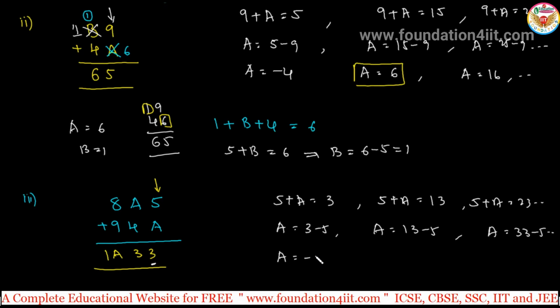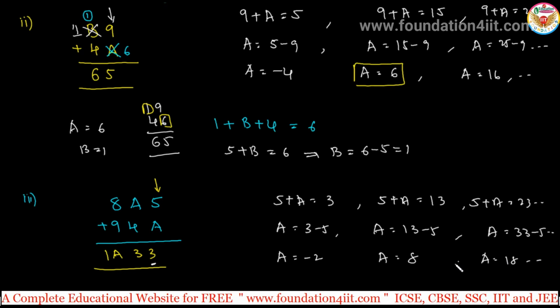From this, A is equal to minus 2, or A is equal to 13 minus 5, so I can subtract this, 8, or A is equal to 23 minus 5, so 18, so on. A must be single digit, so the only possibility is this, not negative, not more than one digit. So A is equal to 8 will satisfy, check this.